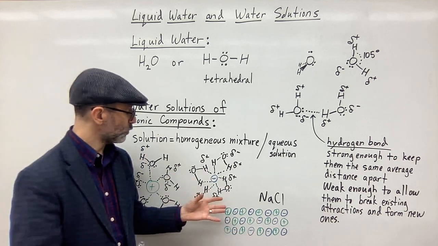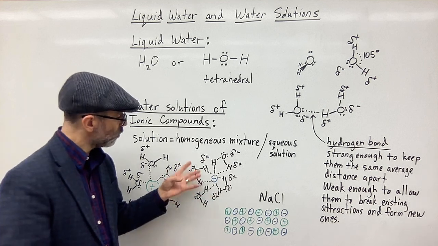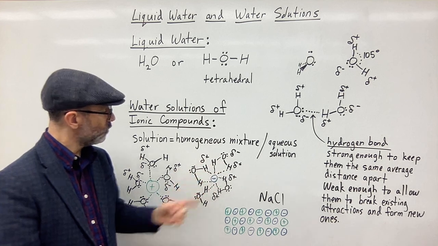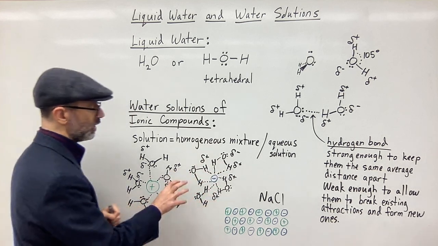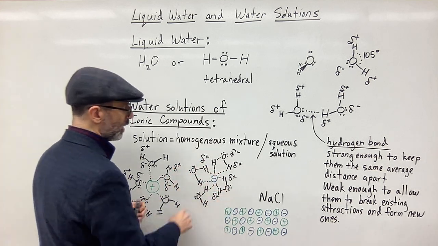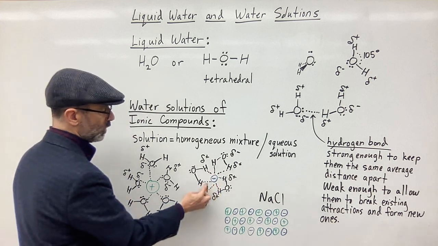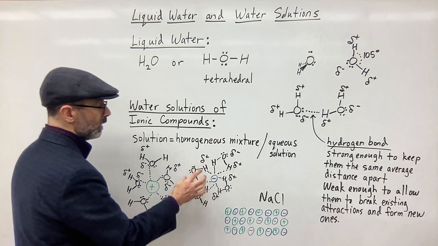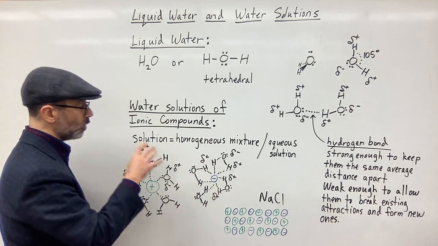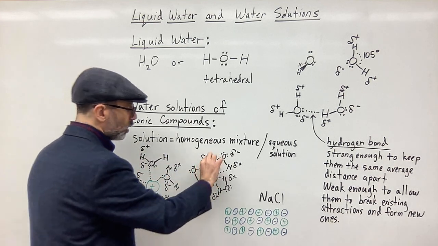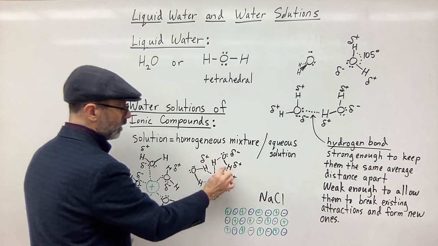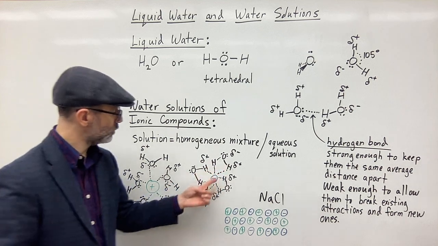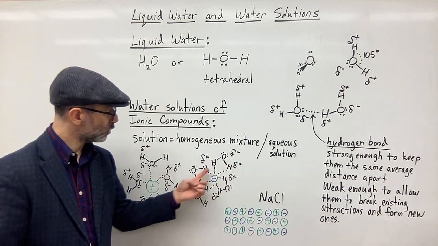But what does water do? These water molecules have a positive and negative side. So what they're going to do is they're going to be attracted to the ions. So what I have here, the negative ion, this chloride ion, is going to be attracted to, or I should say that the water molecules, the positive side, notice the partial positive hydrogens are going to be attracted to the negative ion, the chloride ion.